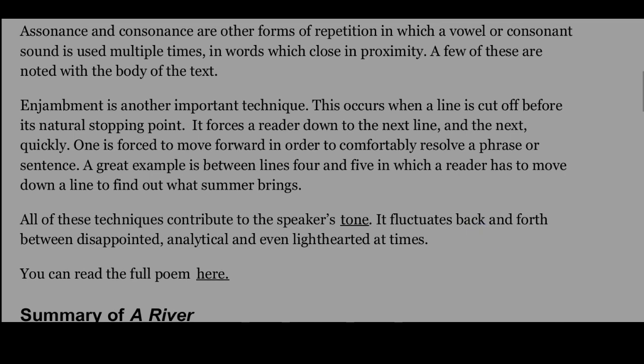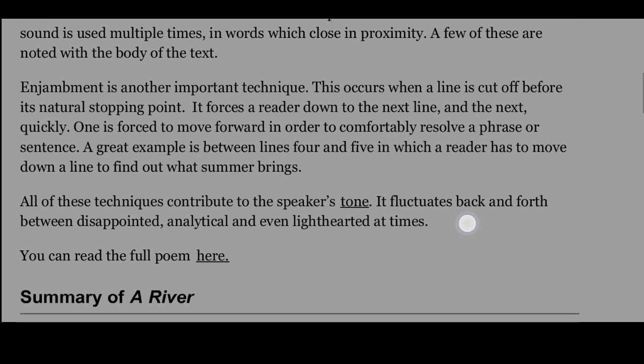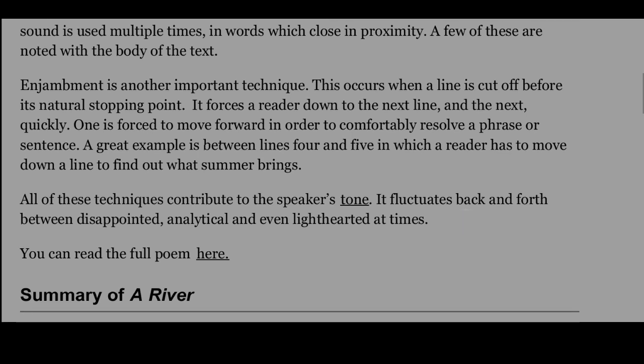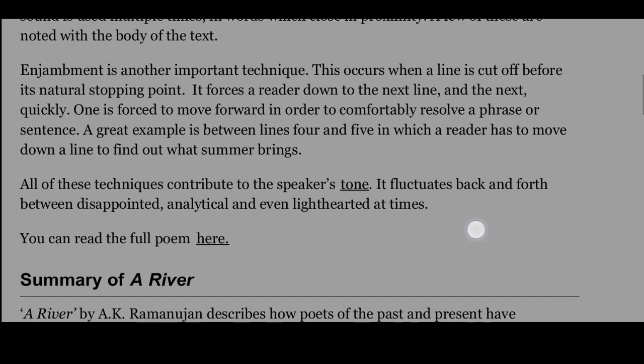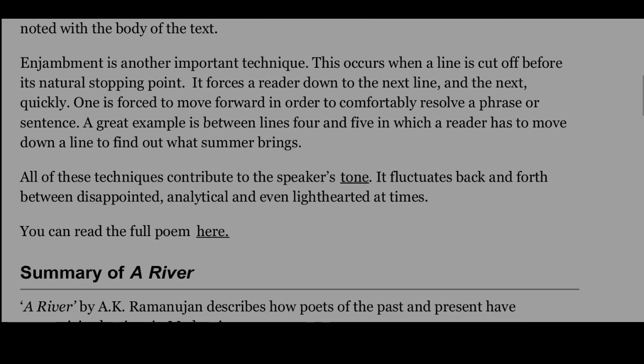Assonance and consonance are other forms of repetition in which a vowel or consonant sound is used multiple times in words which are close in proximity. A few of these are noted within the body of the text.